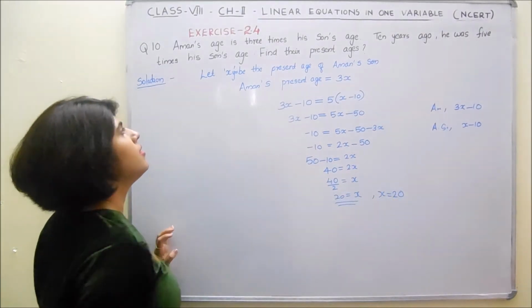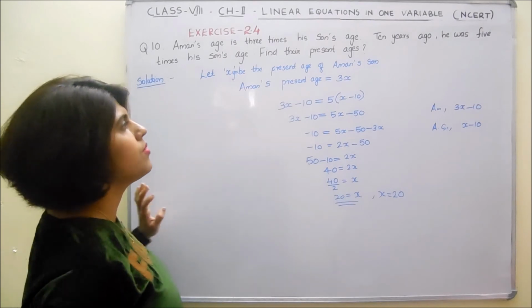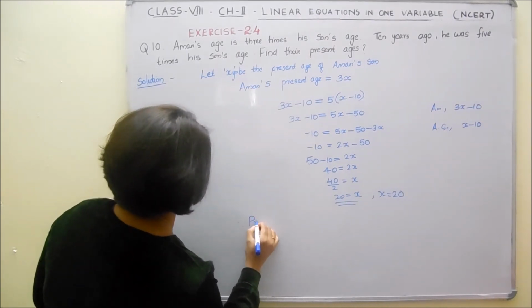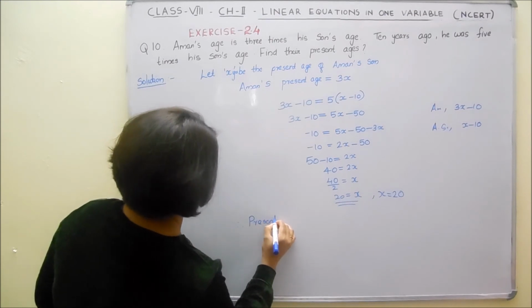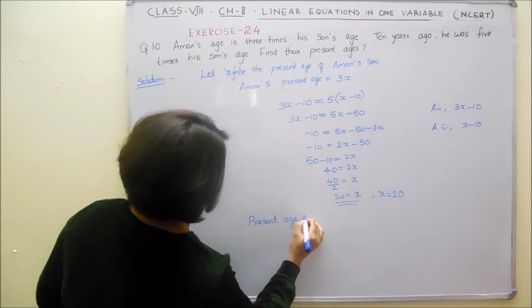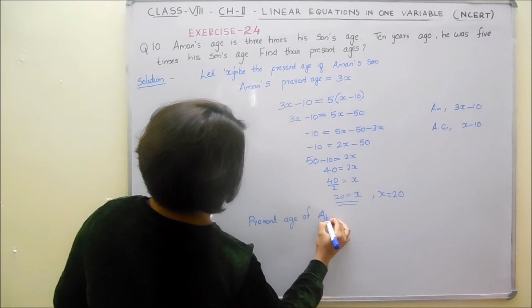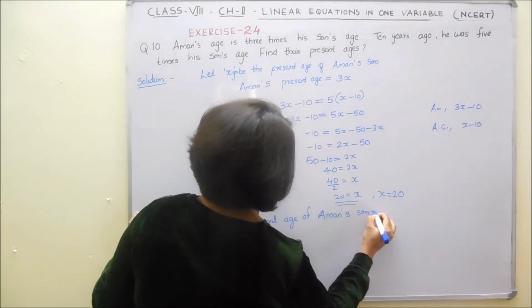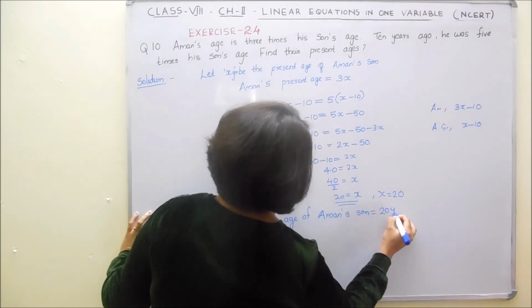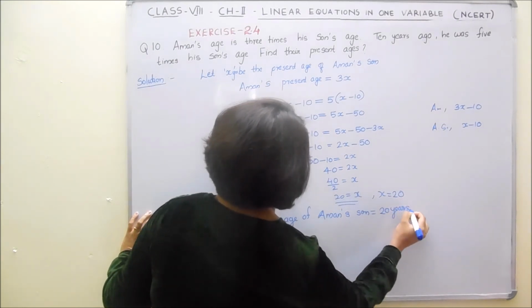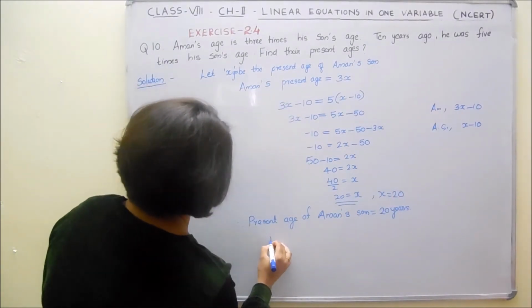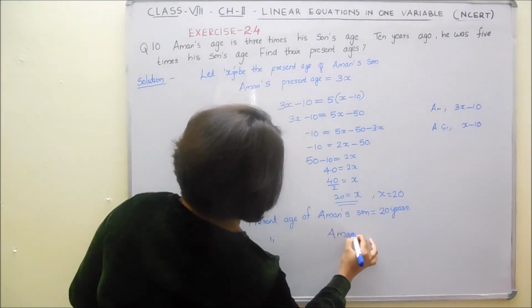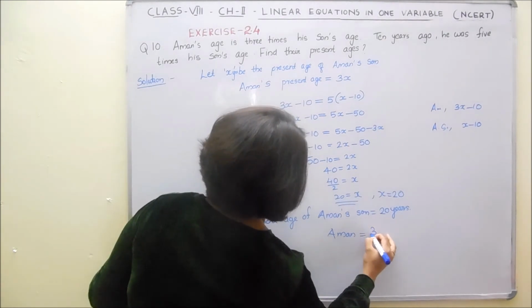So what is x here? X is the age of Aman's son. Therefore, age of Aman's son equal to 20 years and age of Aman equal to 3x.